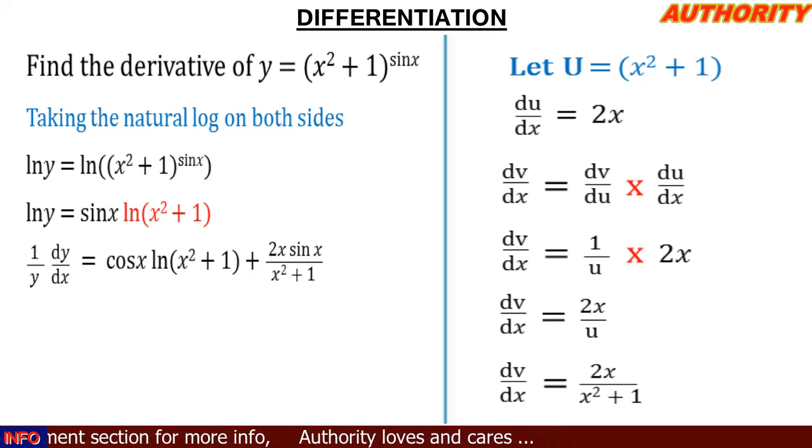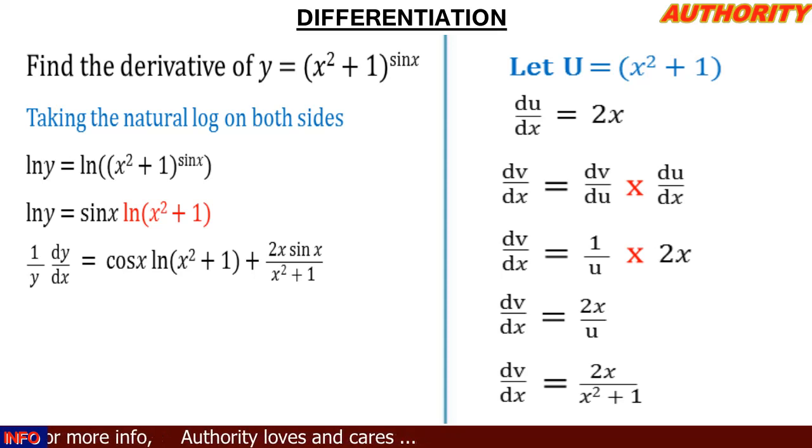So differentiating the right hand side and the left hand side, we have 1 all over y dy dx is equal to cos x ln (x squared plus 1) plus 2x sine x all over x squared plus 1.